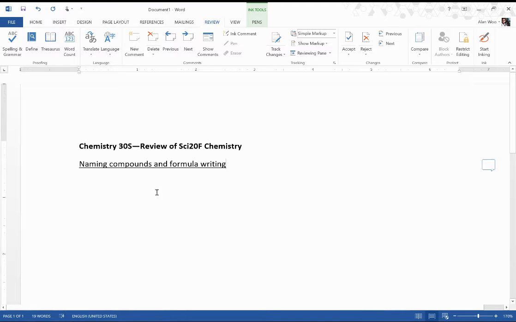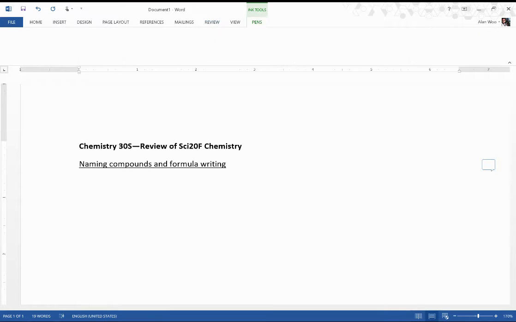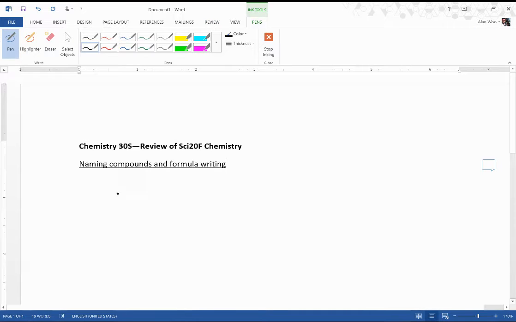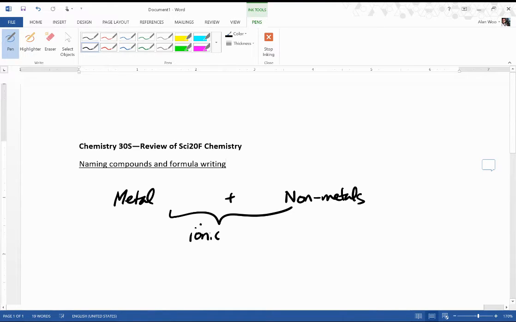So metal atoms plus nonmetals. These two combinations will generally give you something called an ionic compound.